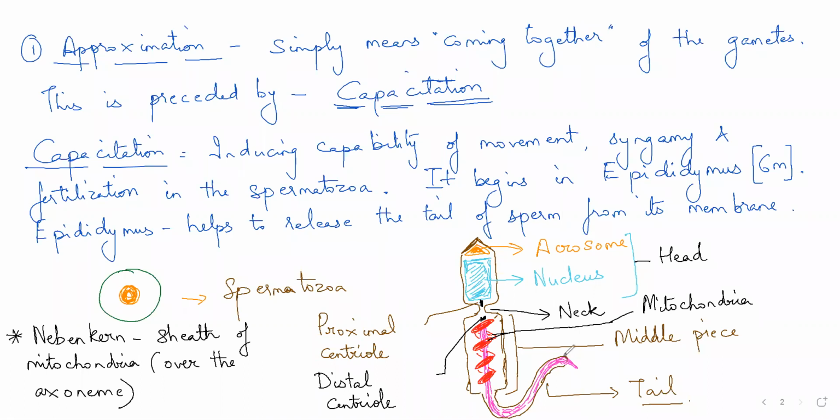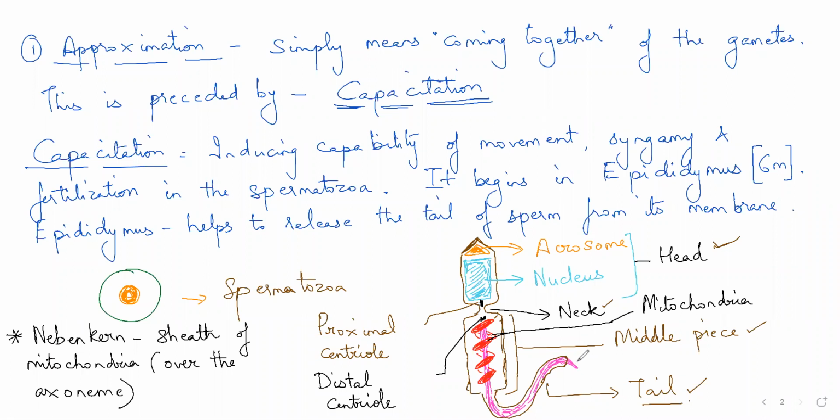Just the tip of the tail is uncovered, right? The head has membrane. The middle piece has a membrane. Even the tail has a membrane. The neck is also covered by the cell membrane, right? The tip, however, is not covered by the cell membrane, right?